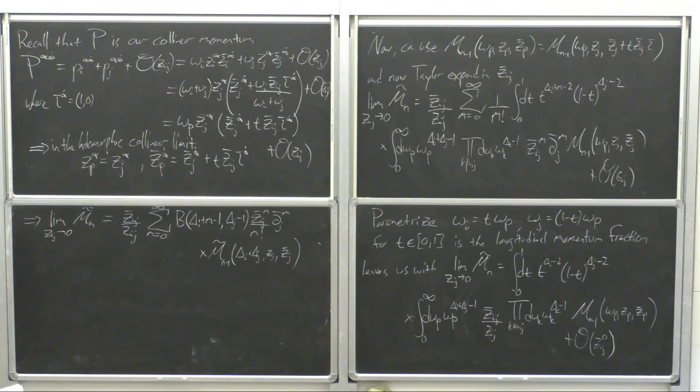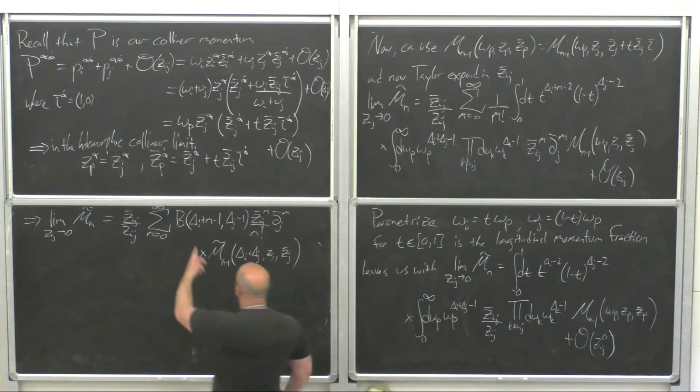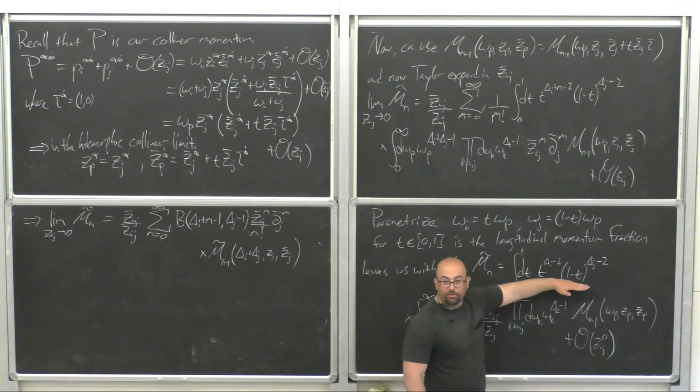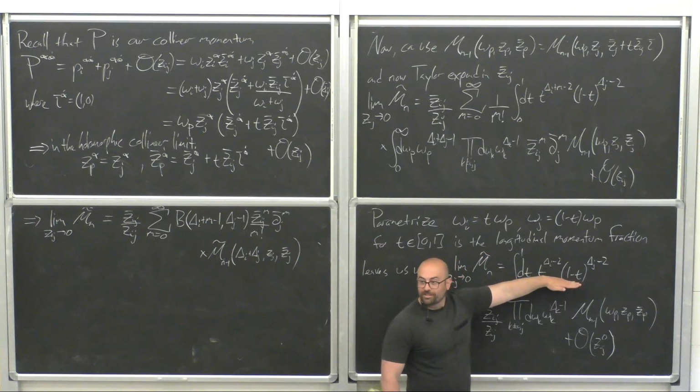Okay, so what's happened here? The t integral is just the integral representation of this Euler beta function. Capital beta of x and y is gamma of x, gamma of y over gamma of x plus y. This is the integral representation of that Euler beta function, so that's an easy kill.